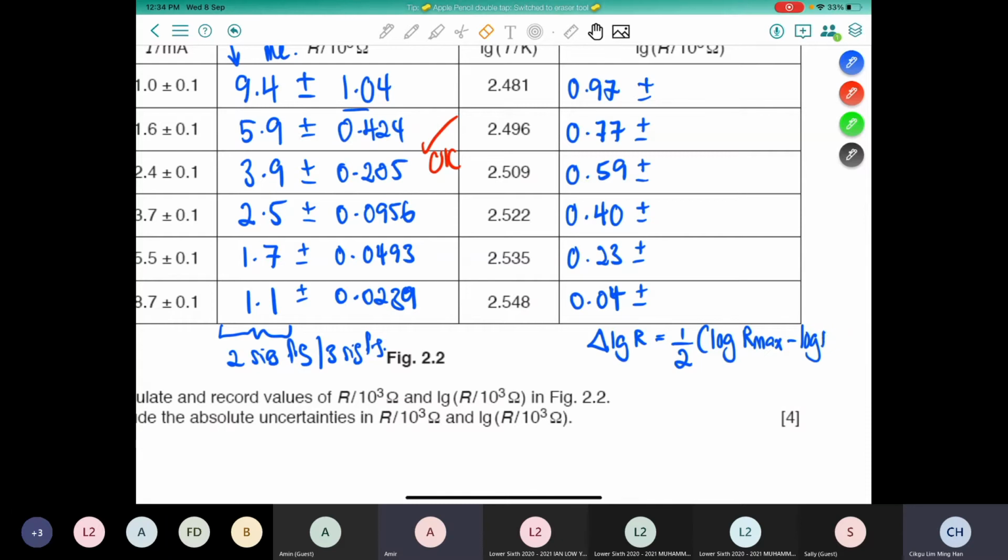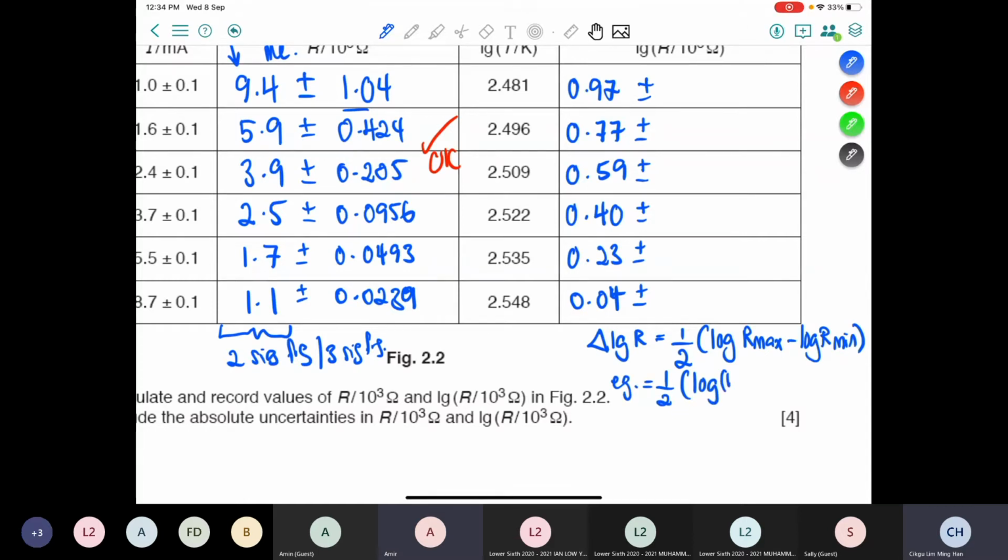So for example, the first one will be 10.44 minus 8.36. And then you should get the answer.